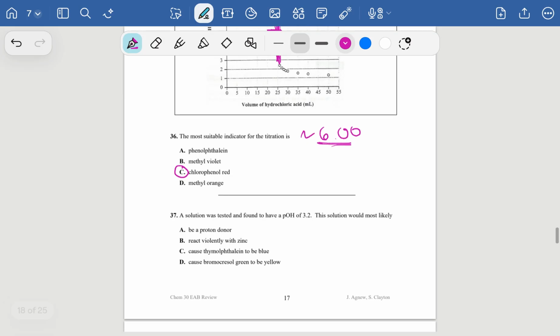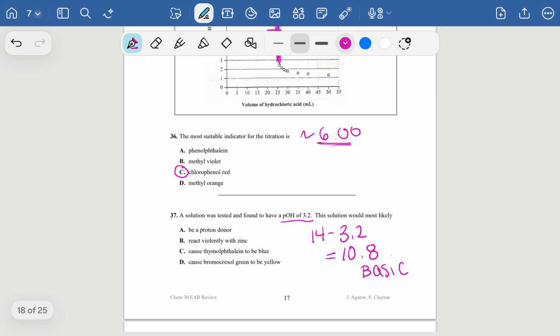37, looking at the pOH being around 3.2. If you find pOH hard to deal with, turn it into pH, because I find students always understand pH better than pOH, just because it's that opposite way of thinking. So if you are a pH of 10.6 or 10.8, sorry, you definitely know that you are a base.